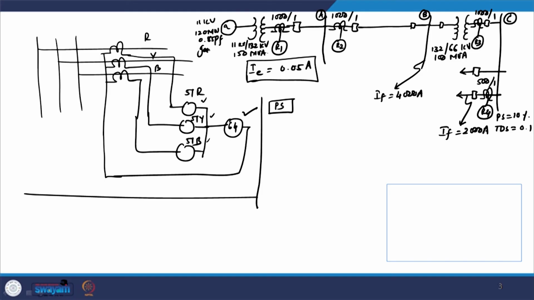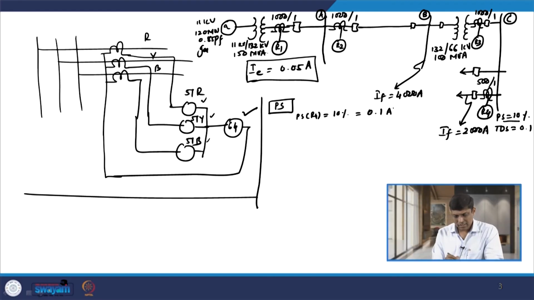With this background, now let us decide the plug setting. The plug setting of relay R4 is given as 10%. So, it is basically 10% of secondary, that is 0.1 ampere. Now, considering the excitation current of 3 line CTs, one is given as 0.05, so if I multiply 0.05 into 3, it becomes 0.15.